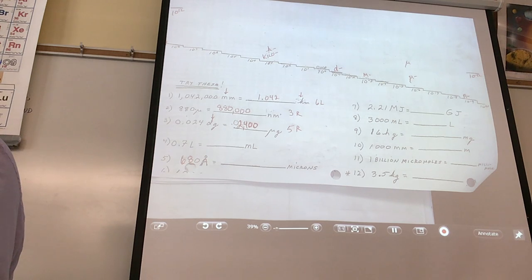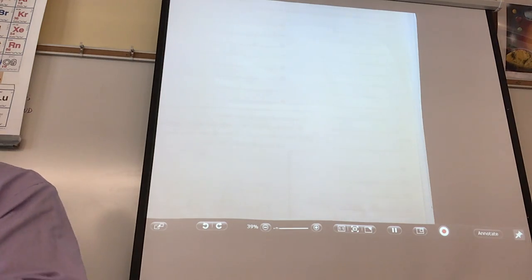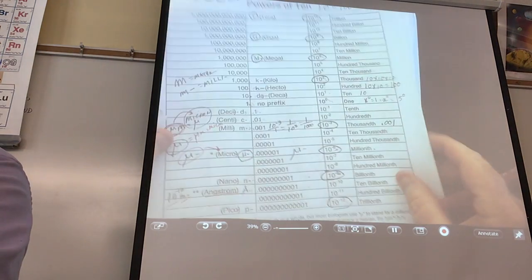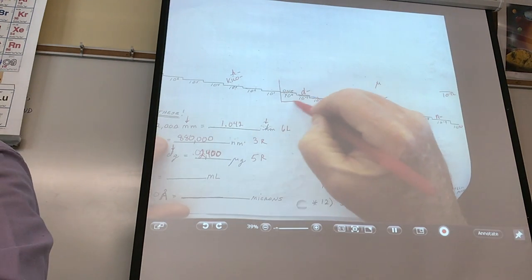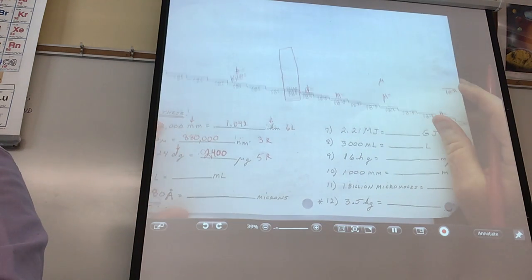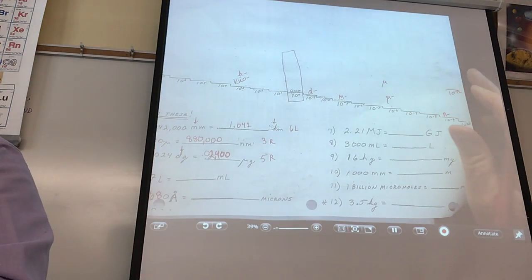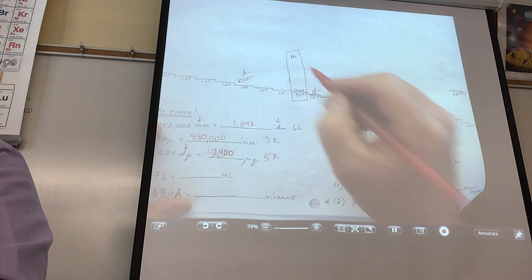Yes. What does the L stand for? Okay, good question. Good student. Let's go over here. Now, do you see where 10 to the 0 is? Everybody see where 10 to the 0 is? Yeah. Now that means it's going to be an object that has no prefix. I'll give you an example. M, meter.